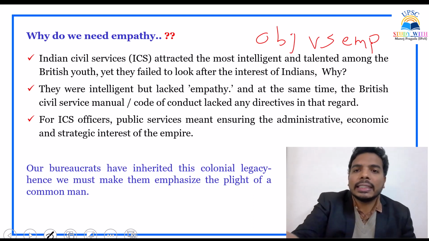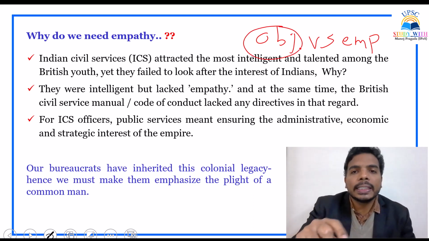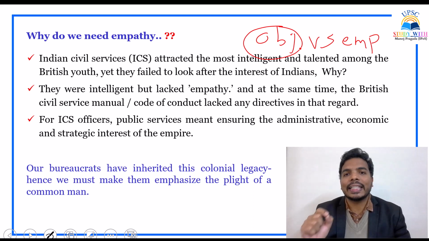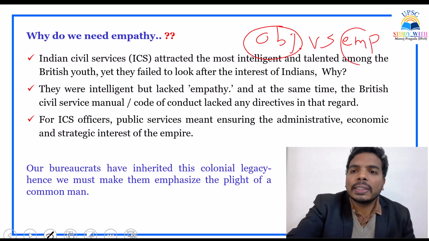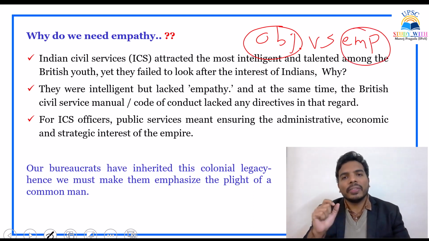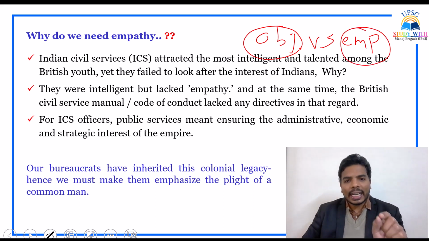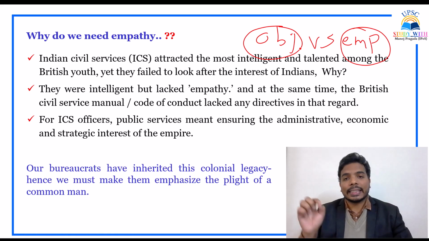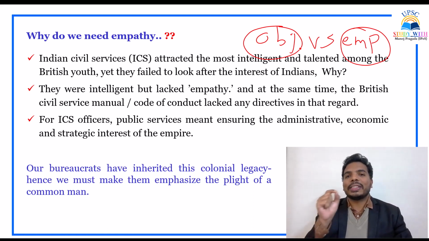But what we are saying is that objectivity is the important criterion in Western societies, whereas in Indian society, we are emphasizing more on empathy. Why? Here I have noted certain points on the British administration, where objectivity was the important value.